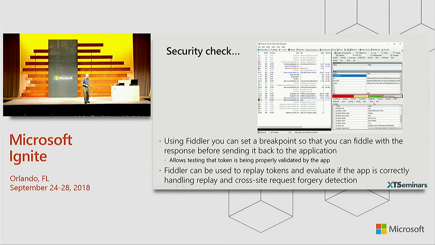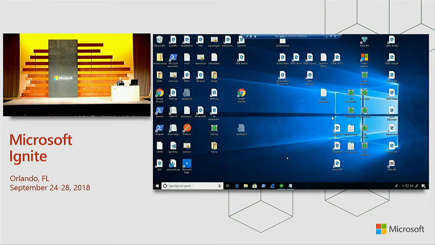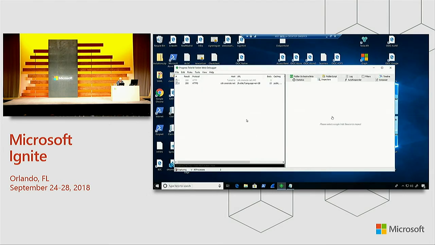All right. So what I'm going to do is I'm actually going to fiddle with the token values itself. So to show you how to do that, I'm going to just, again, start off in Fiddler, clear that out.